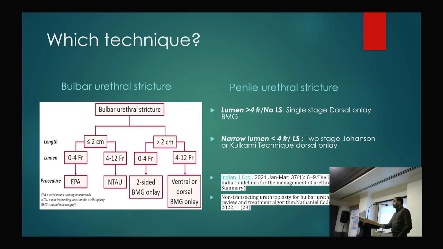Now which technique to go for? There are multiple techniques. In penile stricture there is not much confusion. It is indicated as per the guidelines published in 2021 in the Indian Journal of Urology, and also a treatment algorithm mentioned in 2022.